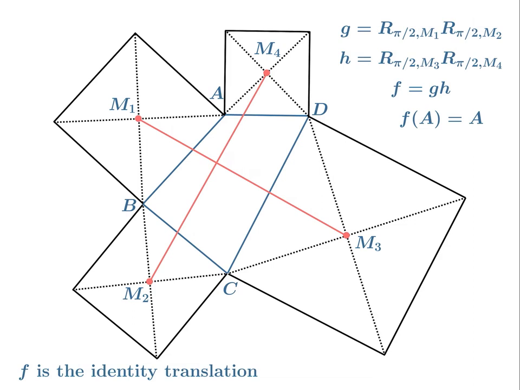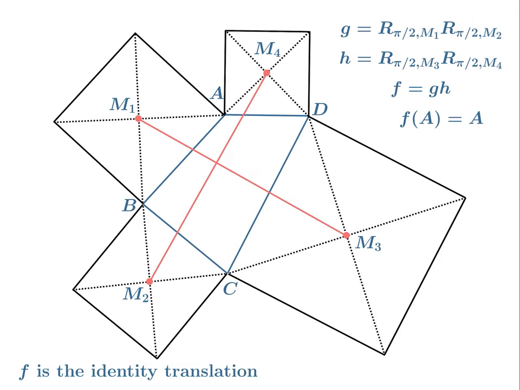I claim then that F is the identity translation. Why is that? Well, it's a combination of 4 rotations. It's the rotations given by H followed by the rotations given by G, and those angles add up to 2 pi. Pi halves plus pi halves is pi, of course, and then we have that twice, so we have 2 pi. 2 pi is an integer multiple of 2 pi, so that means that F has to be a translation.